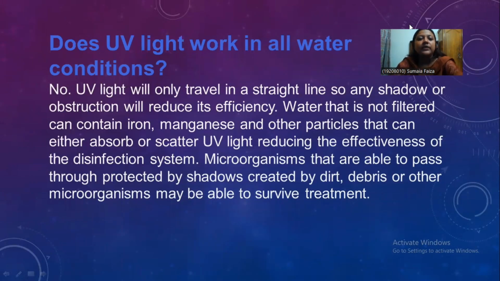So does UV light work in all conditions? No. UV light only travels in a straight line, so any shadow or obstruction will reduce its efficiency. Water that is not filtered can contain iron, magnesium, and other particles that can absorb or scatter UV light, reducing the effectiveness of the disinfection system.